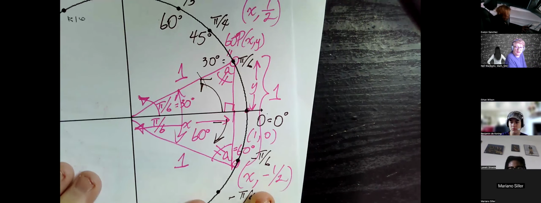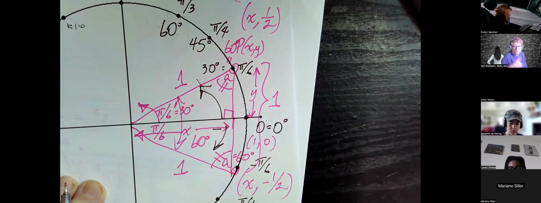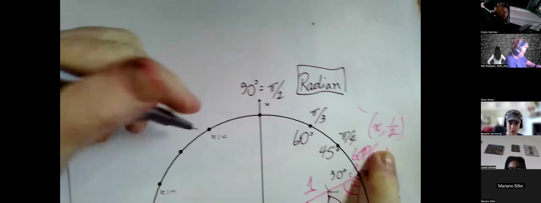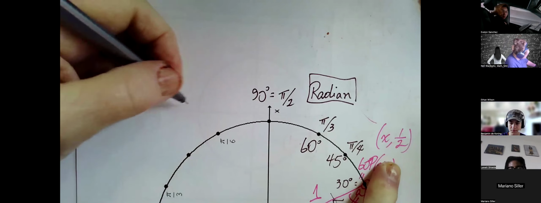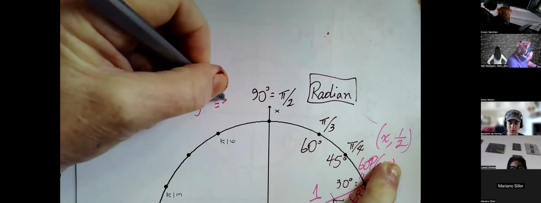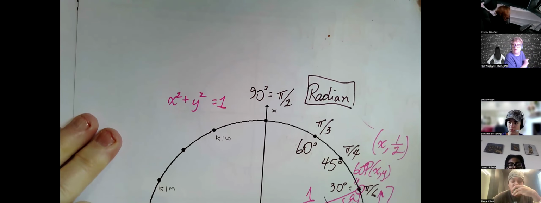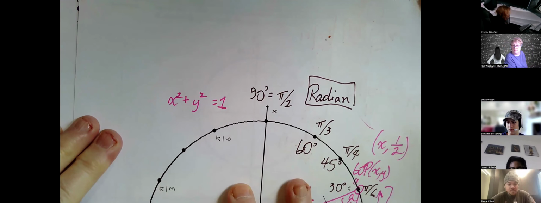So can we find X? Do we know how to do that? You have to split a triangle in the middle. Yes, that's right. So we know that X squared plus Y squared is 1 for every point on this circle. X squared plus Y squared is 1.